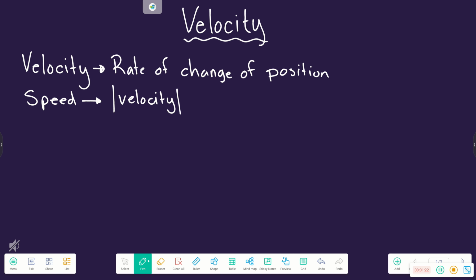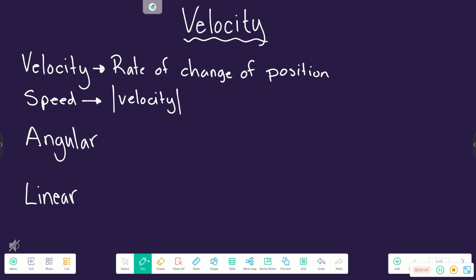We're going to talk about two specific types of velocities. The first is angular velocity, and the second is linear velocity. Okay.